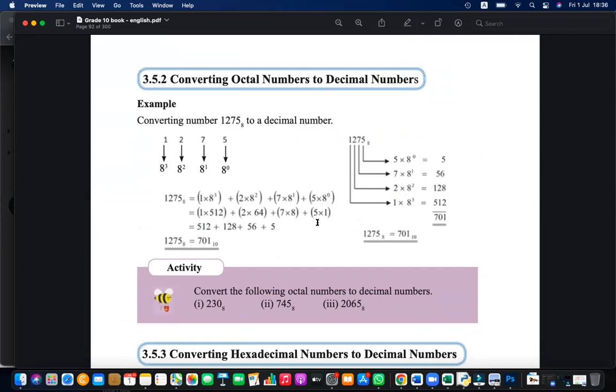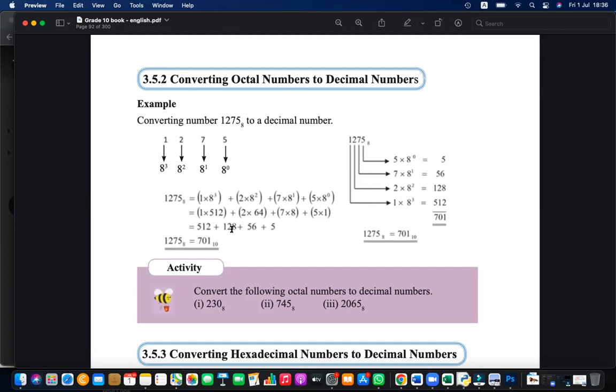1 into 5 is 5. 8 to the power 1 is 8. 8 into 7, 56. 8 to the power 2 is 64. 64 into 2 is 128. 8 to the power 3 is 512. 512 into 1 is 512. So add them together. 56 plus 5 is 61. 61 plus 128 is 189.